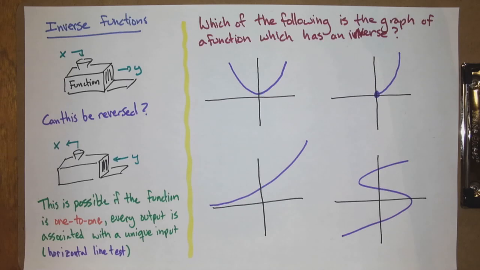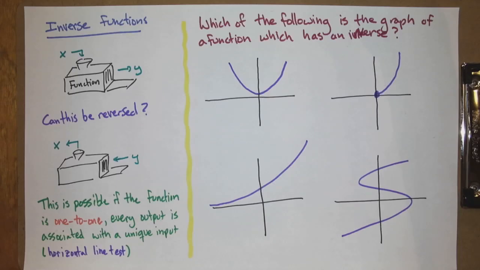The problem is that there are functions where you have different inputs giving you the same output. And these are not very exotic functions. We're talking about functions like x squared. Because what happens? You plug in 1, 1 squared is 1.